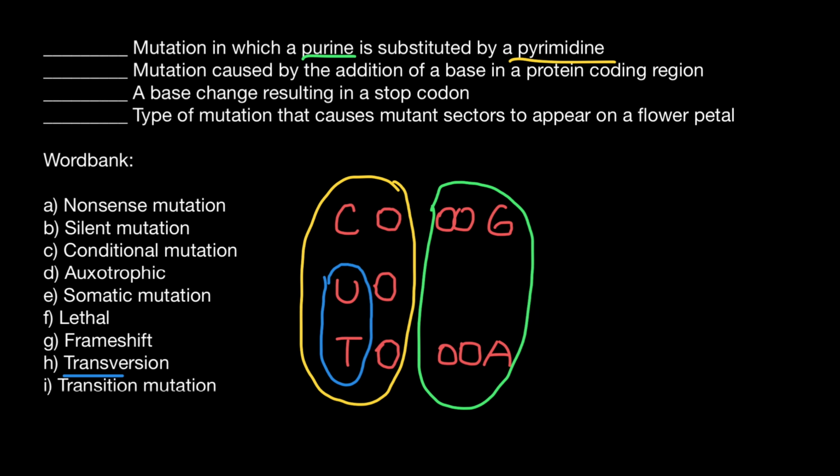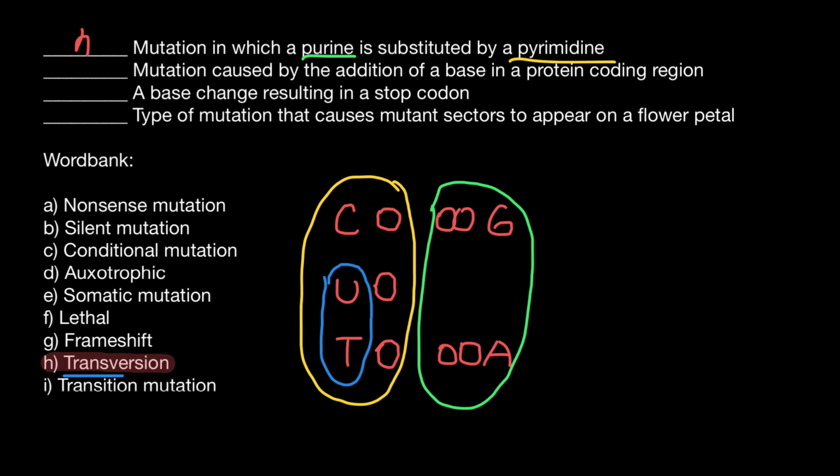Or if purine would be substituted with pyrimidine, again, this is an example of transversion mutation. In other words, when a base with 2 rings would be substituted with a base with 1 ring, or a base with 1 ring would be substituted with a base with 2 rings. So our answer to the first question is going to be answer H, or term H.